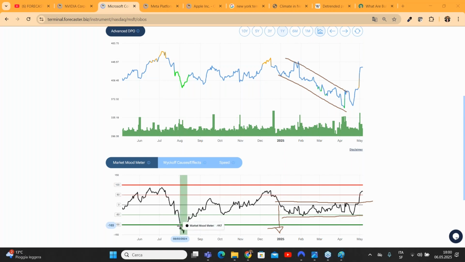As you can see, when the indicator reaches the minus 100 level, you see the green, okay? Because it's very probable that in this area you will find a low when you have such a panic selling situation, okay?